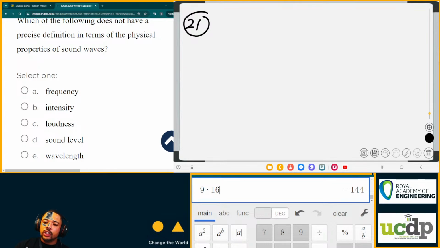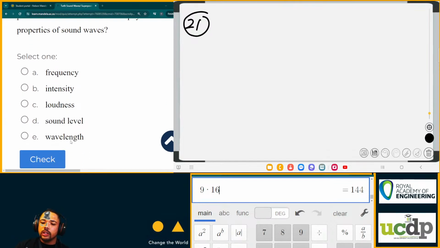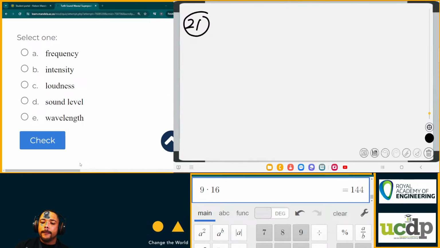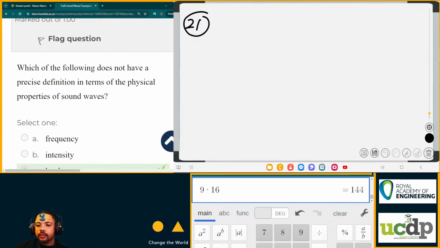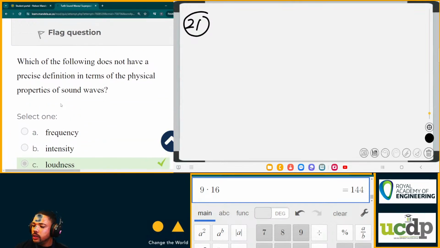Loudness is just a term which we use to describe the intensity. Wavelength is the distance between two consecutive crests or two points in phase on a wave. So loudness is the one that does not have a precise definition. So 21 is C, loudness.